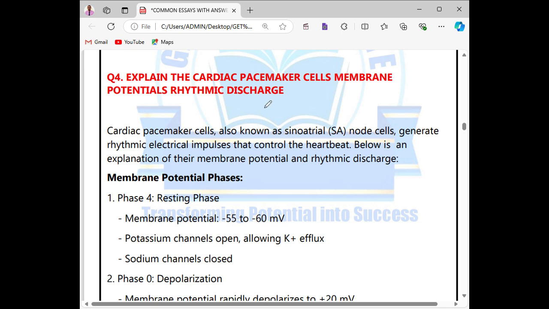All right, so when you are talking about pacemaker cell, this question, if you remember very well, there was that curve that we drew when we were looking at cardiovascular physiology. Who remembers that curve?